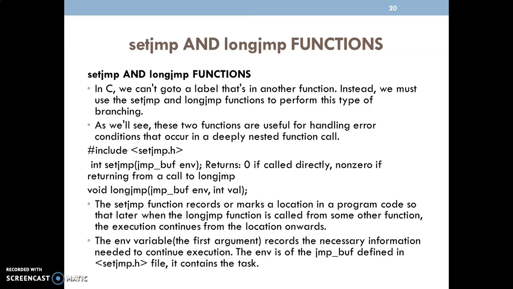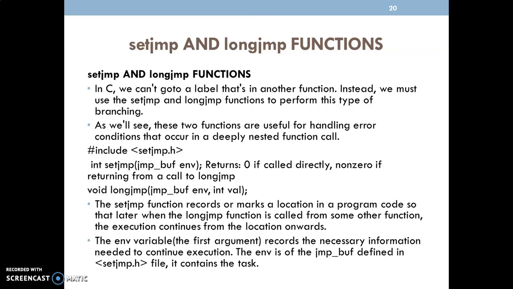As we will see, the prototypes of these two functions. The setjmp has one argument, a jump buffer of type jmp_buf. This function returns 0 if called directly, otherwise non-zero if it is returning from longjmp. Means if I call through the longjmp function, then setjmp will take a different return value.